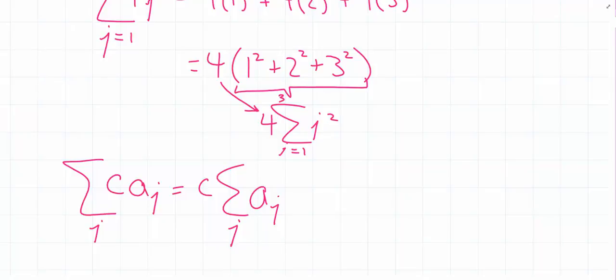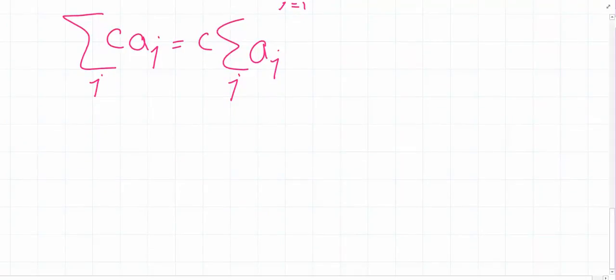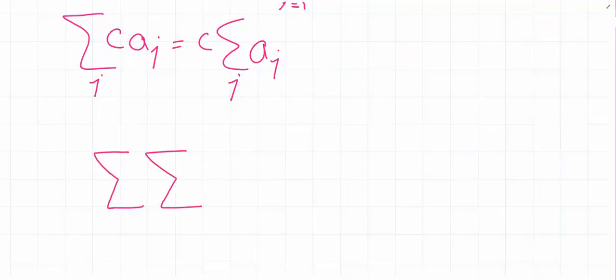Now I want to show you something that might be a little new to you. And we're not going to use this, but I just want to show you so you'll say, oh, okay, I see something new I didn't know before. You can have double sums. Okay? And maybe let's just look at how this would work.